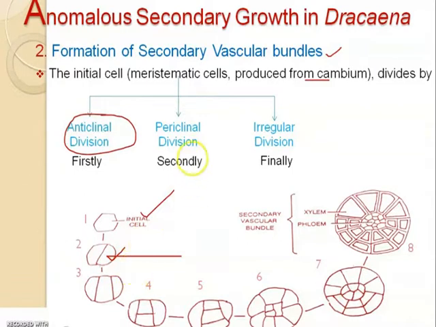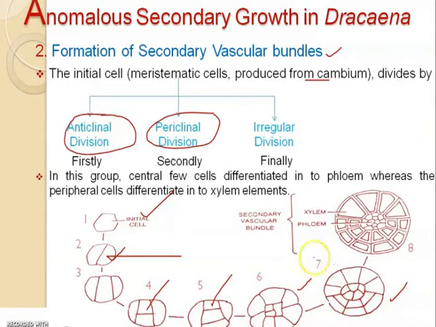Then secondly, it divides by periclinal division. Then finally it divides irregularly. So this initial cell firstly divides by anticlinal, then periclinal, and finally it divides irregularly.